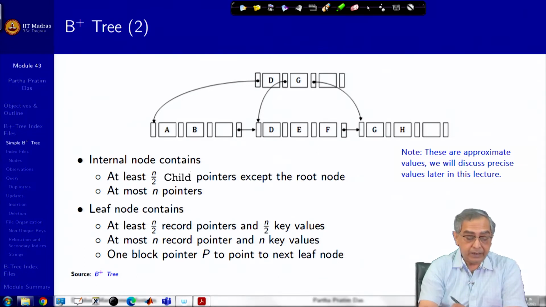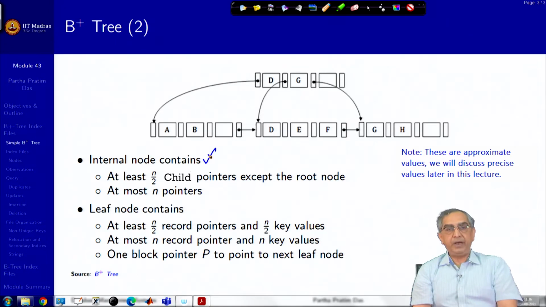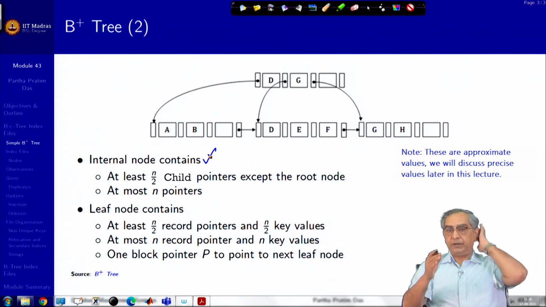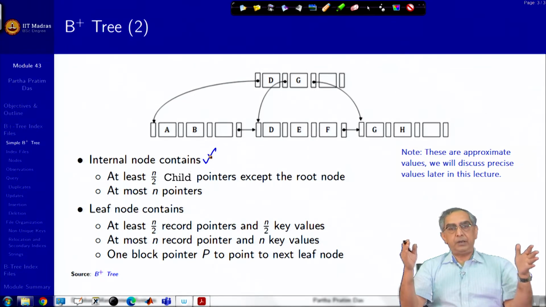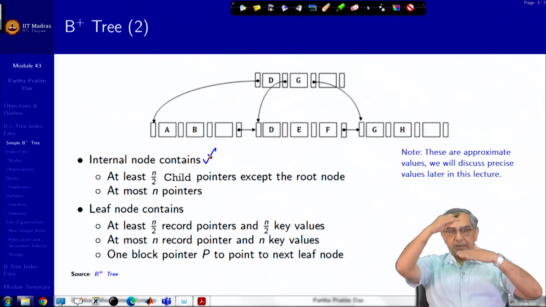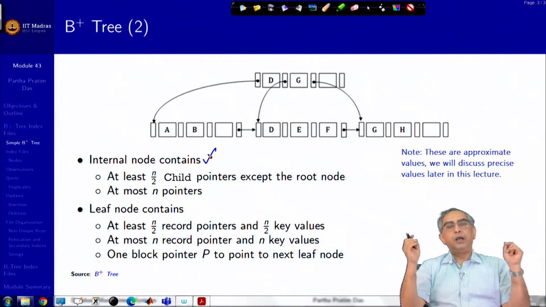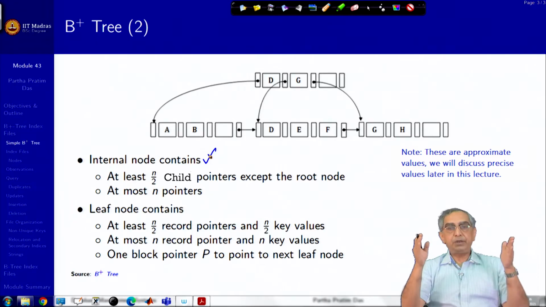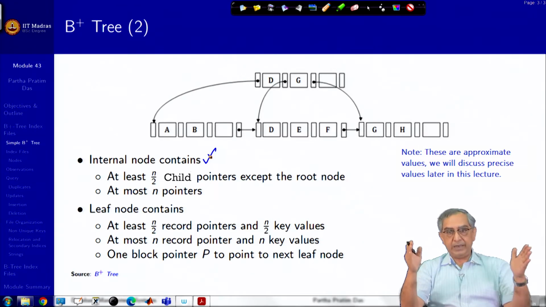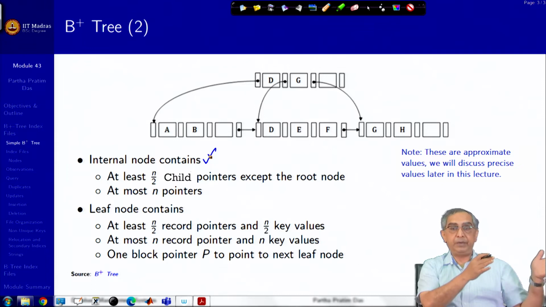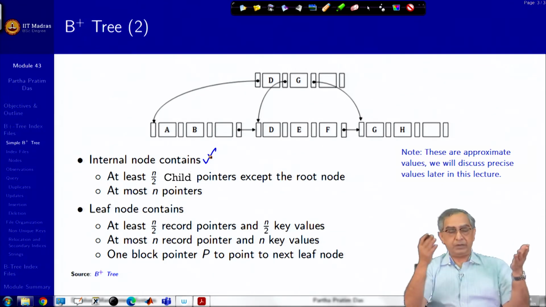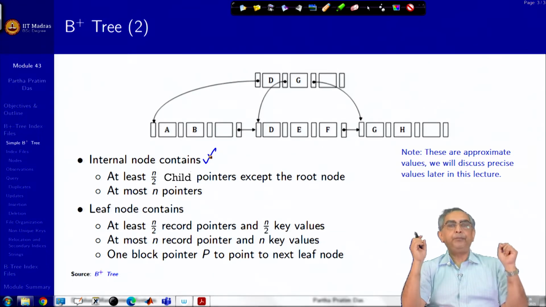Now, to keep it variable, there is a trade-off. The more keys you can keep in a node, the more your height gets reduced. But every node then becomes a lot bigger in size, and it may not be possible to bring it into memory and fit it there, so it may exceed the block size.